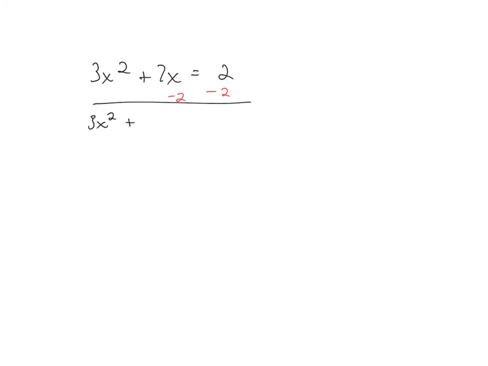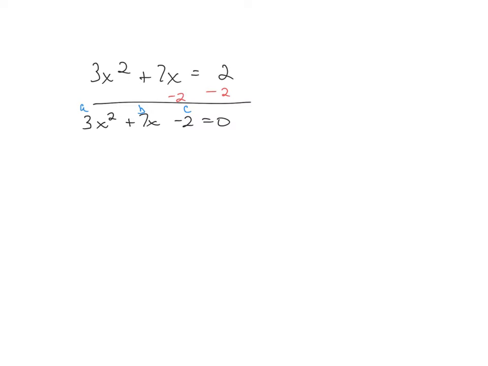And typically, I'm not going to say never, but most of the time when you subtract something over or add something over, you're not really going to combine it with anything. It's just I need to get it all over here so that I can say a is 3, b is 7, and c is negative 2.